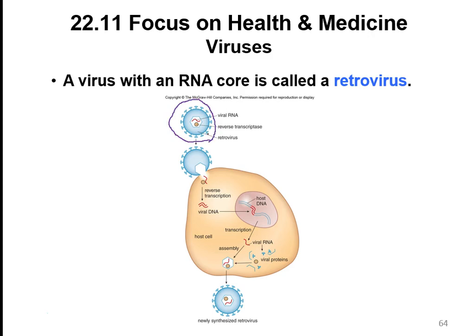All right, so here you have your RNA, your viral RNA. You also have the enzyme, which is reverse transcriptase, which helps in building it. Here's the retrovirus. It hooks onto the host cell. It injects all of its information, and then it goes into our DNA.